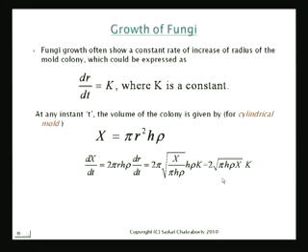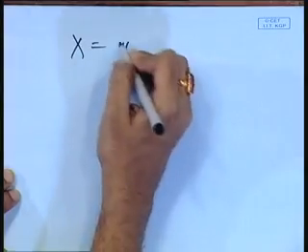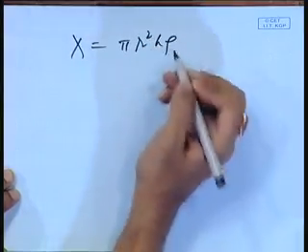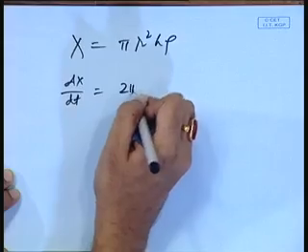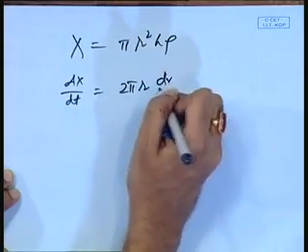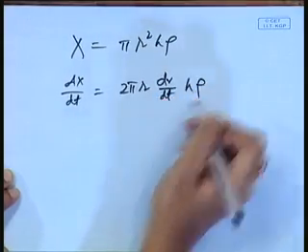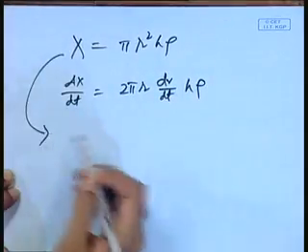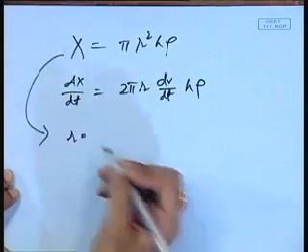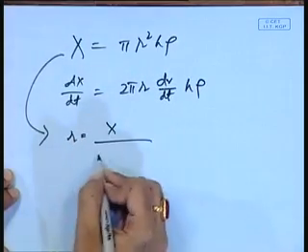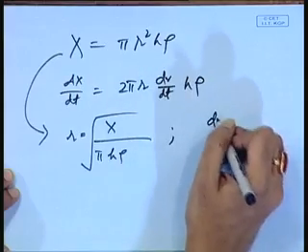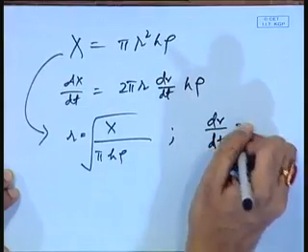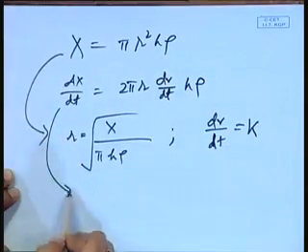Let me show it here if there's any confusion. x equals pi r squared rho h. So dx/dt is 2 pi r dr/dt times h rho. Now from here, r equals the square root of x over pi h rho, and I know that dr/dt equals k, so I put that over here.